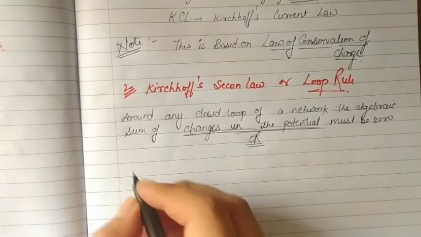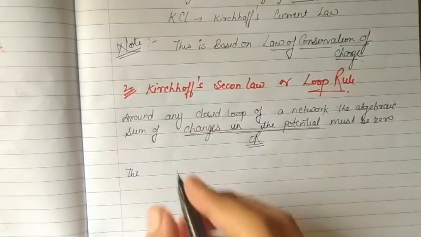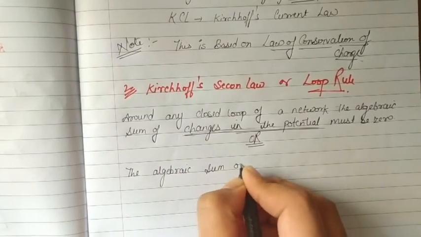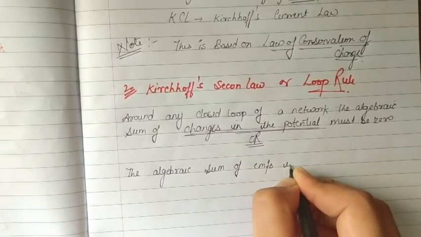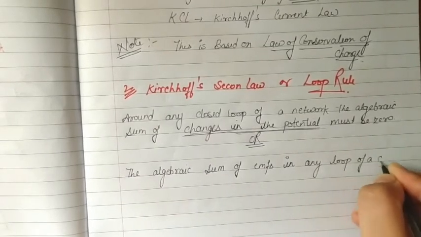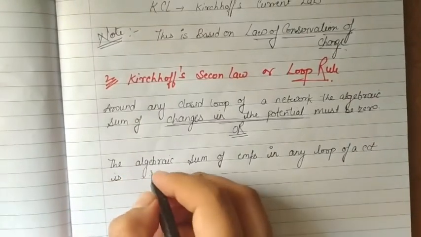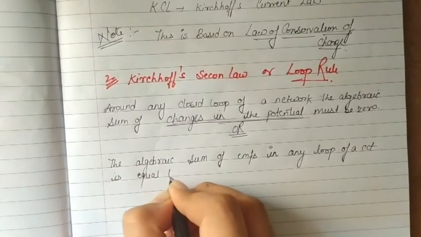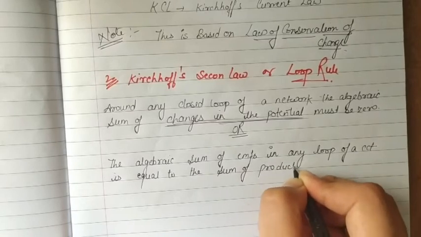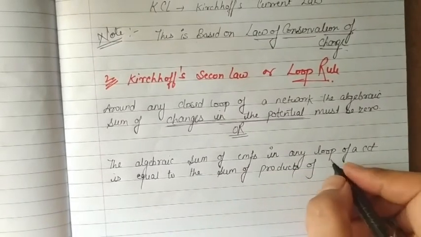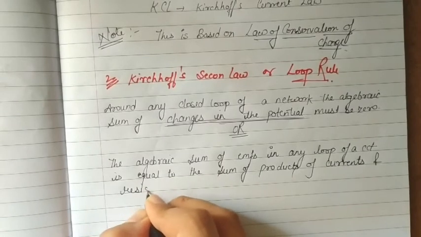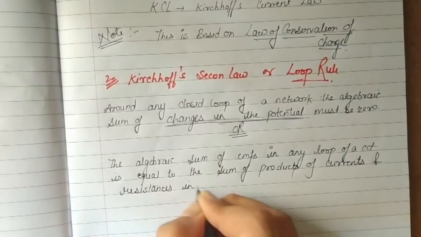What we are saying: the algebraic sum of EMFs in any loop of a circuit is equal to the sum of products of currents and resistances in it.